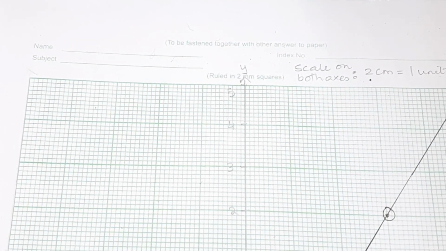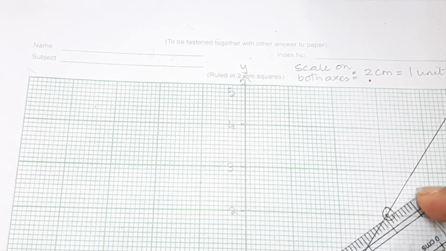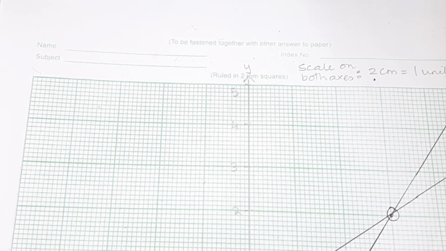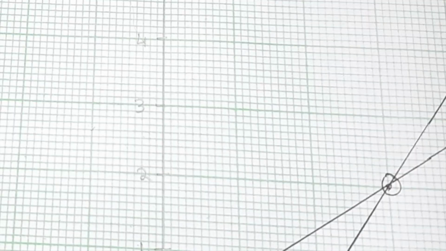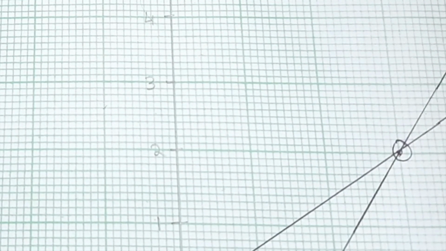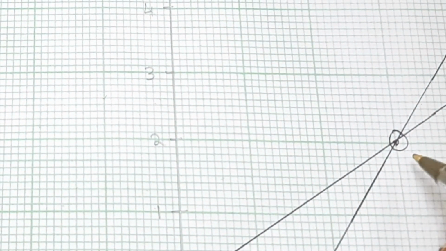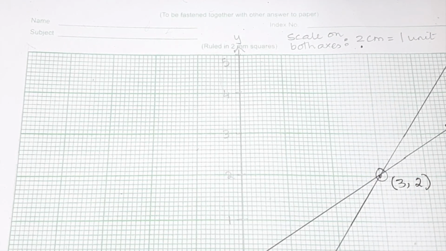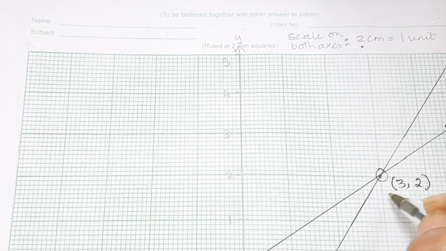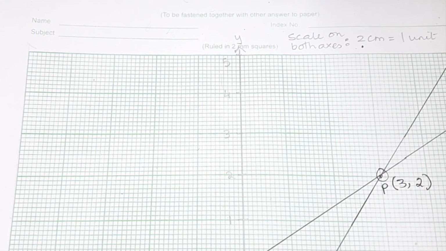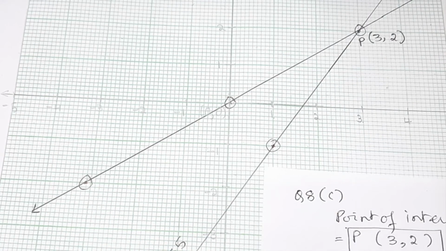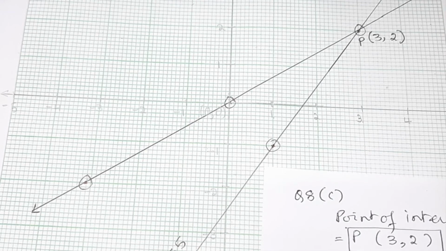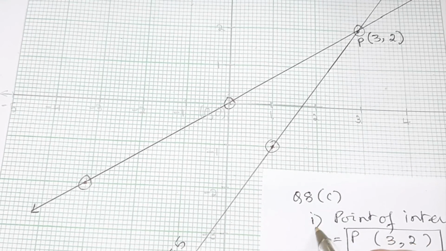So now we are going to join this also. If I use the pencil, it will become too light and you will not be able to see clearly. So the point of intersection is this one. This is 3, 2, and let us call that point P. Okay, I have written 8C, point of intersection P 3, 2, that is answer 1.